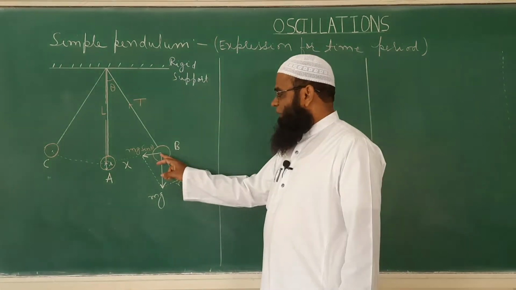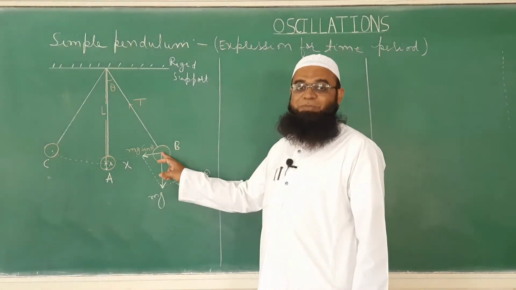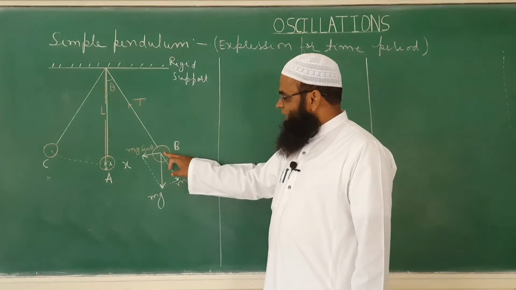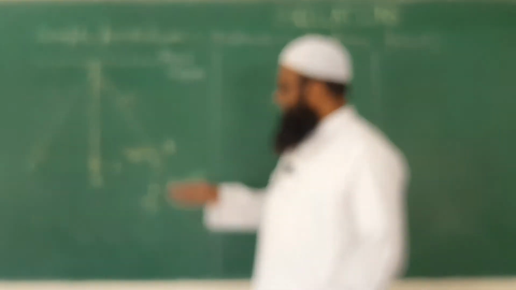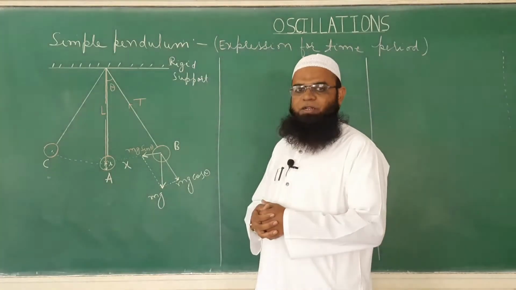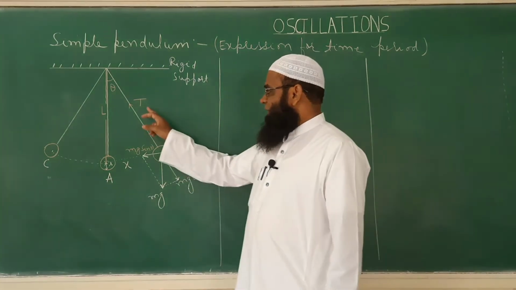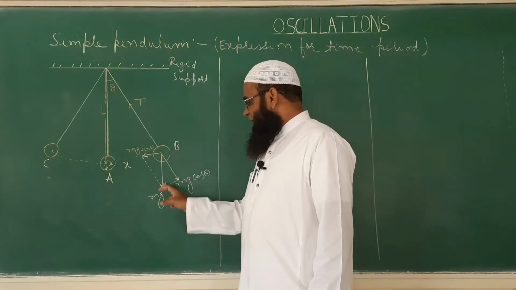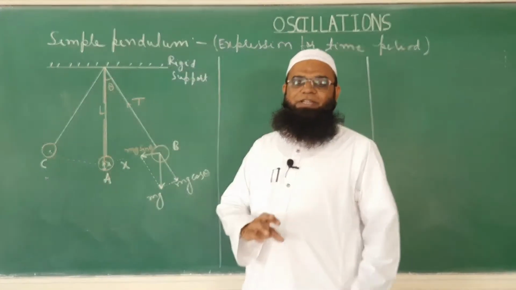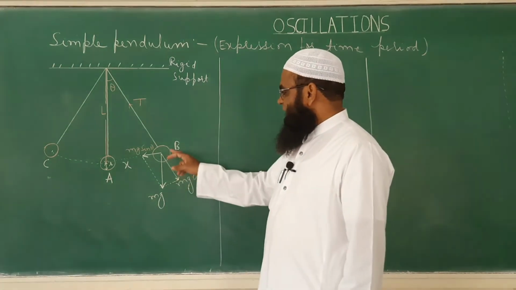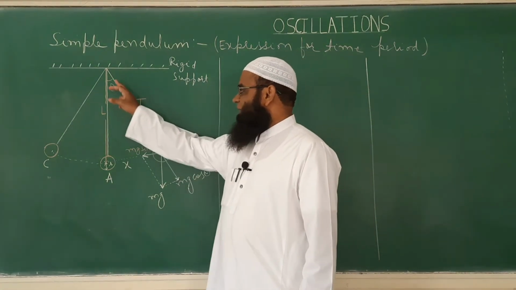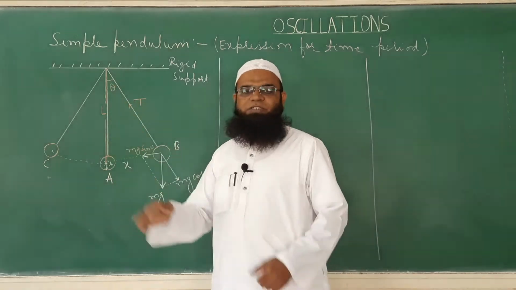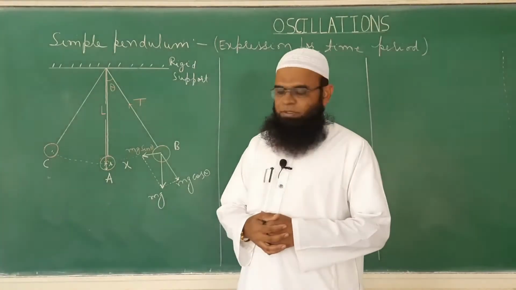Now, when the bob is at point B in the displaced position, the forces acting on the bob are two. First, the weight of the bob, which acts vertically downward. Second, the tension in the string, which is directed toward the point of suspension.